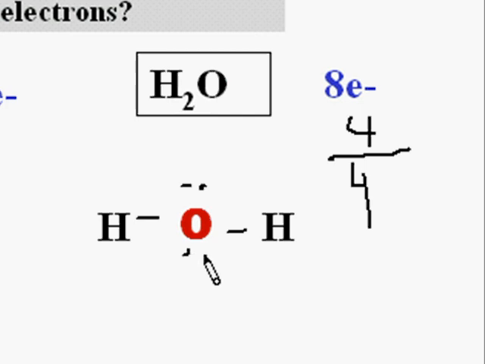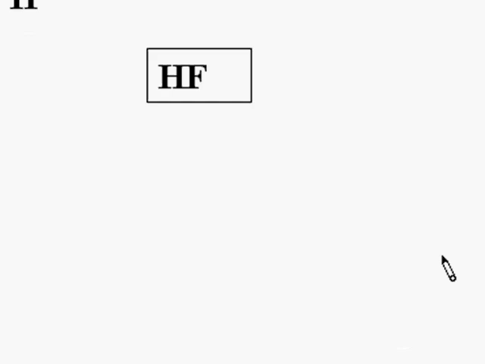I'm going to take the last 4 electrons and surround oxygen, and that leaves me with no electrons left. Now the number of lone pairs of electrons on this one is 2. I have 1, 2 pairs of electrons that are not involved in bonding. Let's see if there's another one that has a greater number of those.